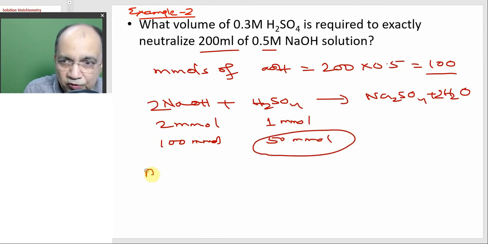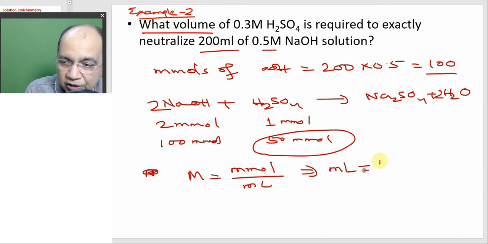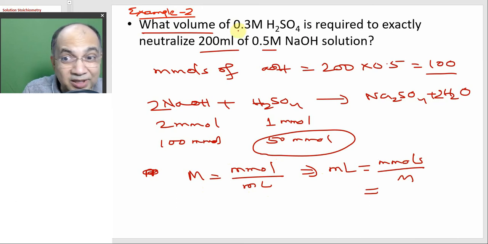The next step is to find the volume of this solution. So molarity is number of millimoles by volume in milliliter or number of moles by volume in liter. So volume in ml is equal to number of millimoles by molarity. The molarity of the sulfuric acid solution is given, and the number of millimoles required has already been found out.